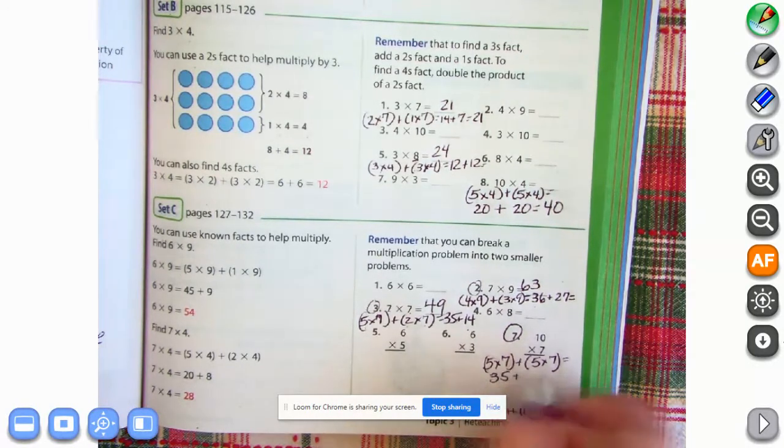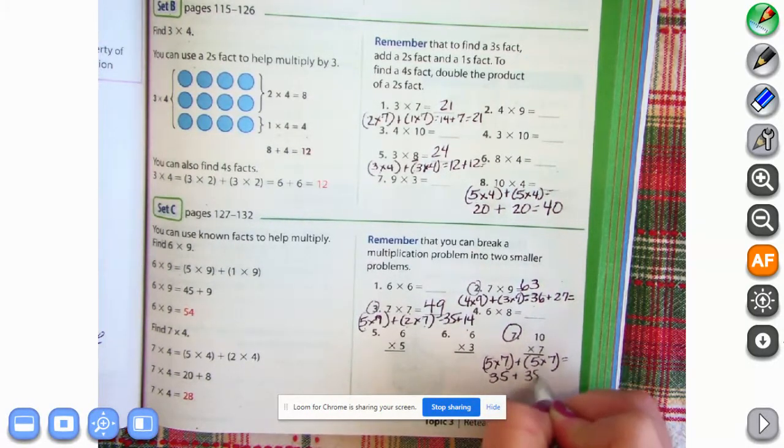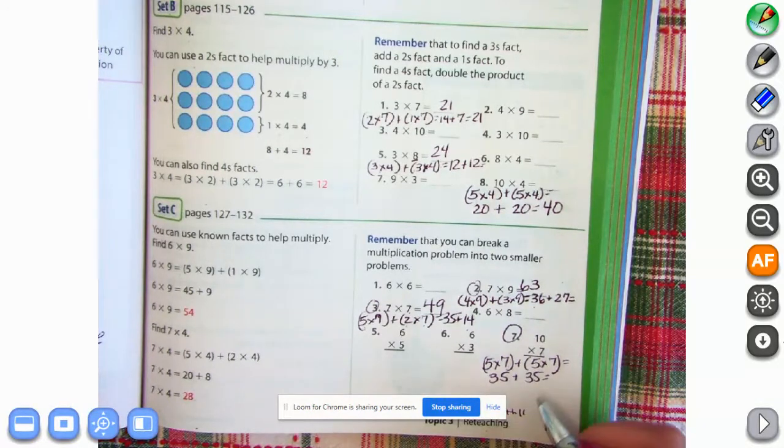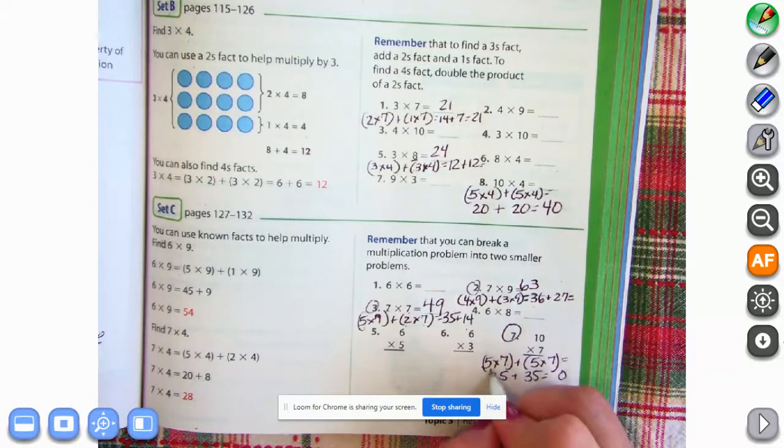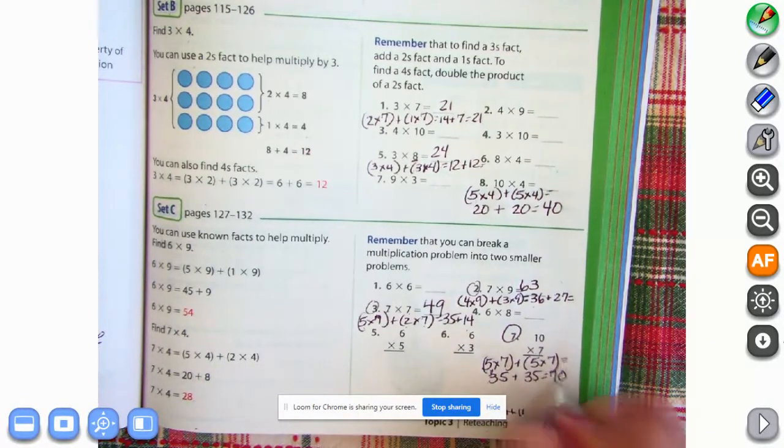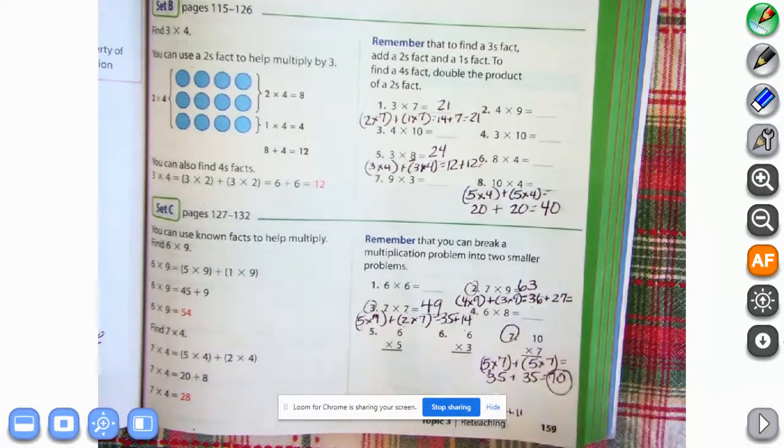It's the same problem, so this one's 35. And we can add the 5s. 5 plus 5 is 10, so we put a 0 here and carry the 1. 3 plus 3 is 6, plus 1 more is 7. So the answer is 70.